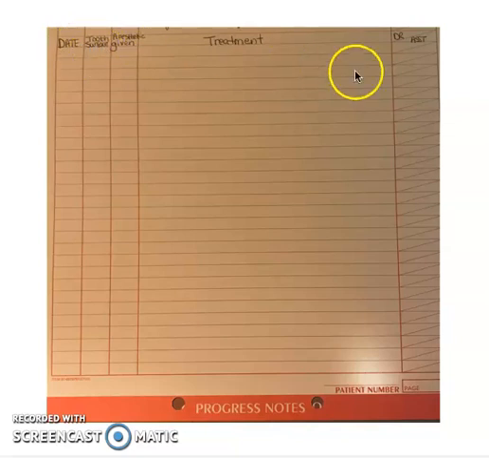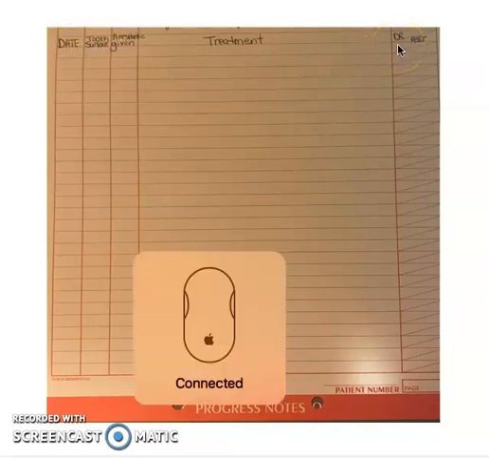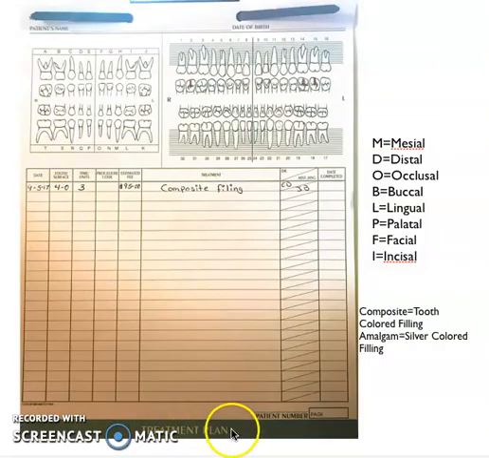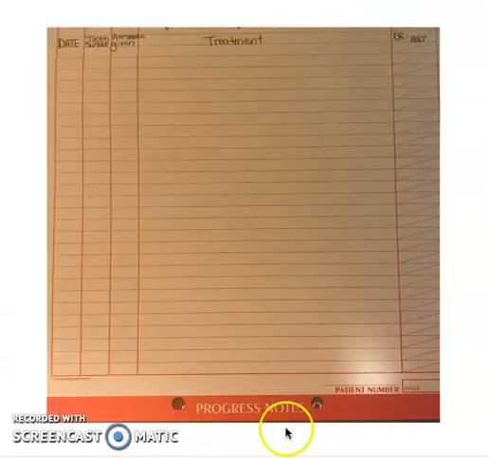All right? Then over here, your doctor needs to initial it, and the assistant or the hygienist needs to initial it. So remember the difference between the treatment plan, this is what needs to be done to the patient. The progress notes is what has been performed or what we have done to the tooth. This is the current. Okay?